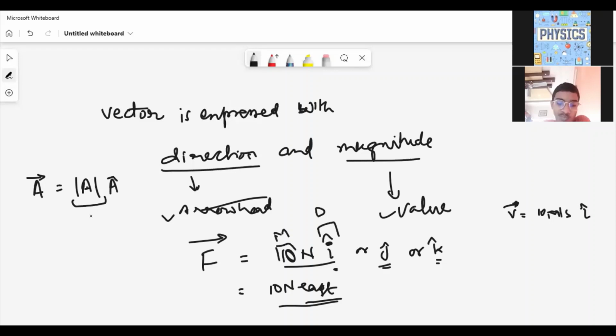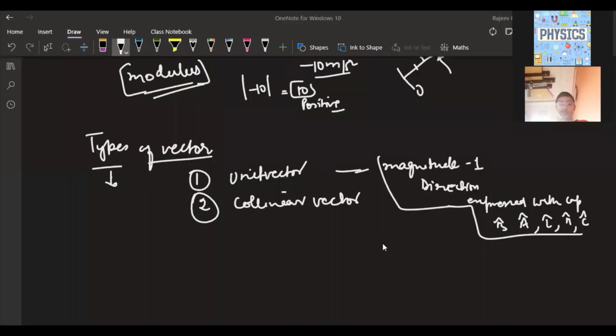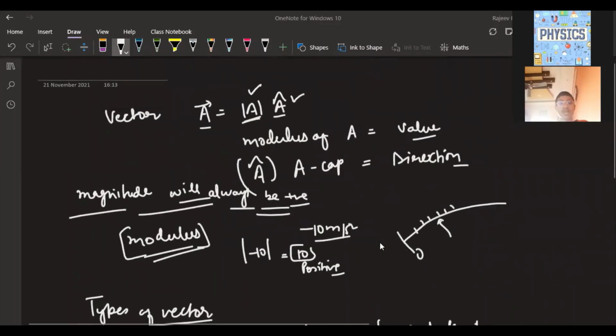So this modulus indicates the magnitude. This indicates direction. How do we read it? A cap. And this is read as modulus of A. Okay.